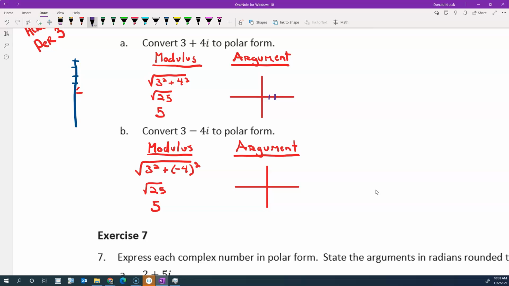So 1, 2, 3. 1, 2, 3, 4. This is my real number axis, and this is my imaginary numbers. And that point is right here. And now for this one, 3, negative 4. That's going to be right here.